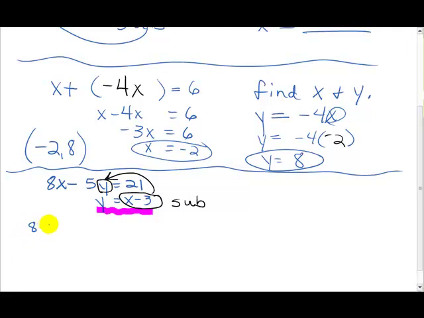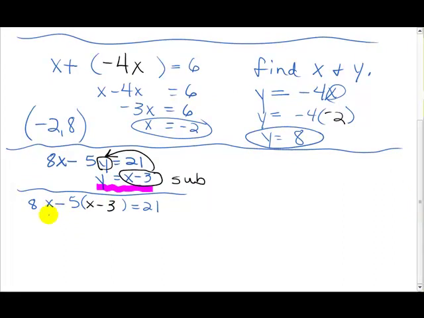So we'll have 8x minus 5 times y equals 21, and we put the x minus 3 in here. Then we're ready to solve our equation. So do the distributing first.